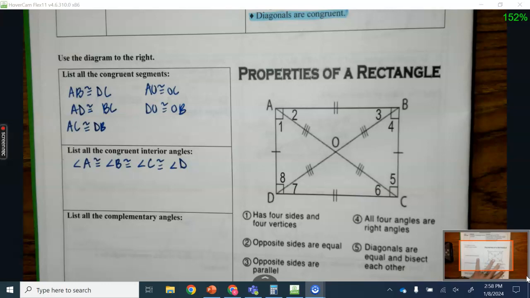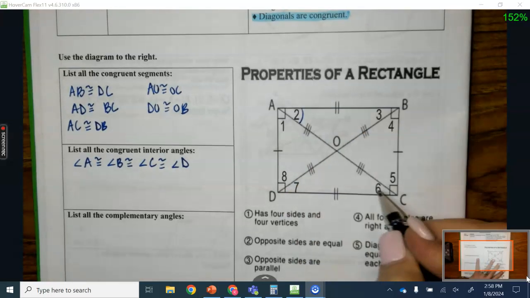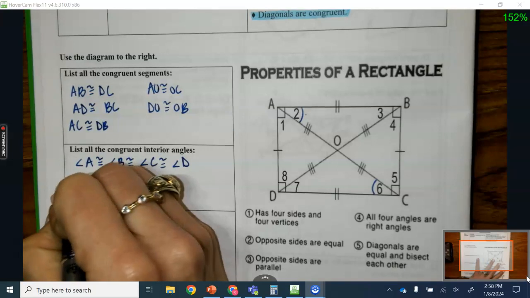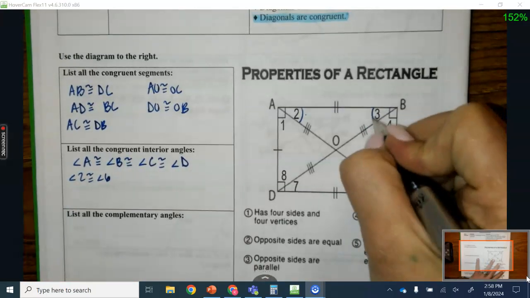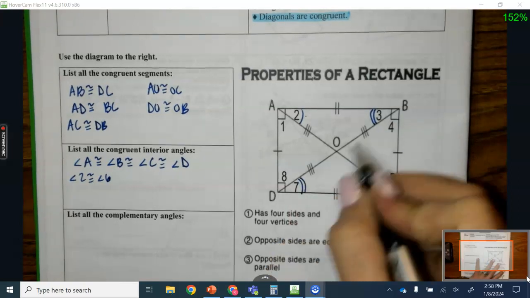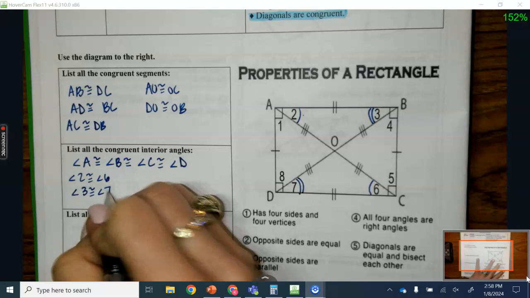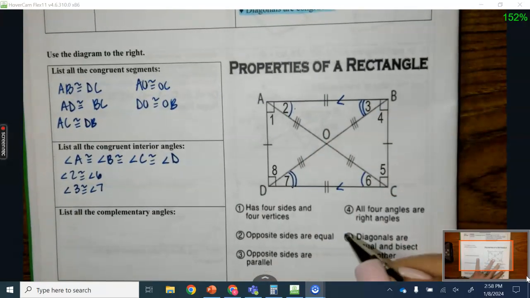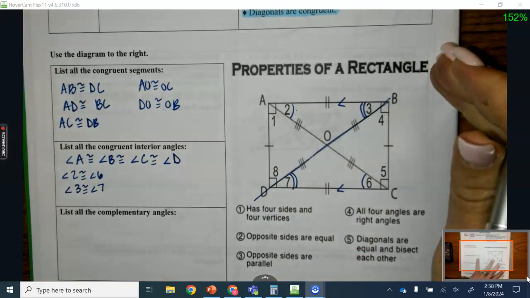If I list my congruent alternate interior angles, 2 would be alternate interior to 6, so angle 2 is congruent to 6. Angle 3 would be alternate interior to 7 down here. Those are the 2 alternate interior angles with these 2 sides being parallel and DB being my first transversal.